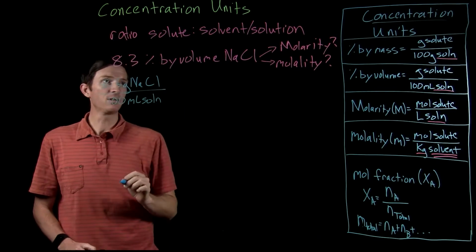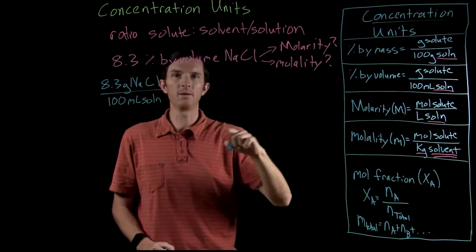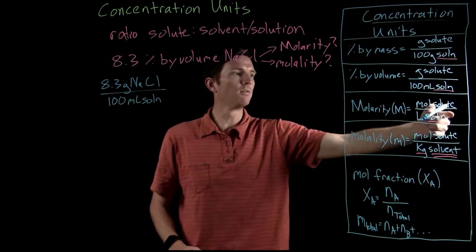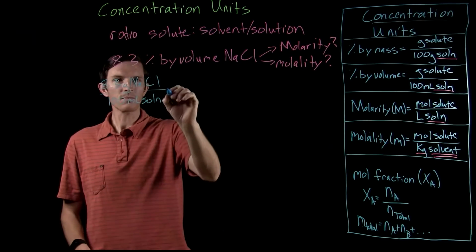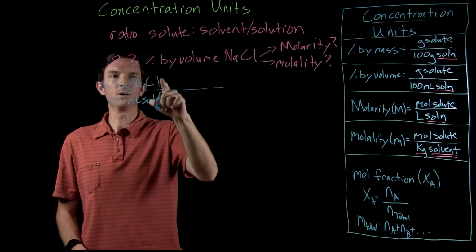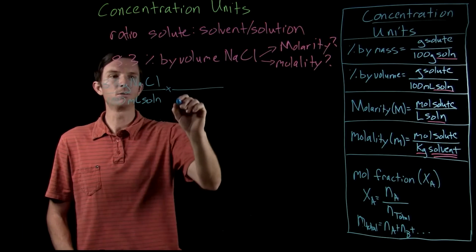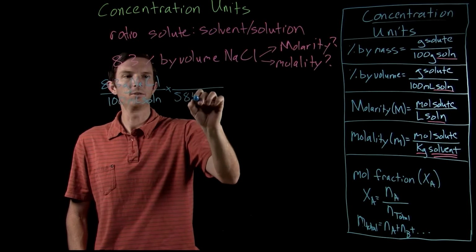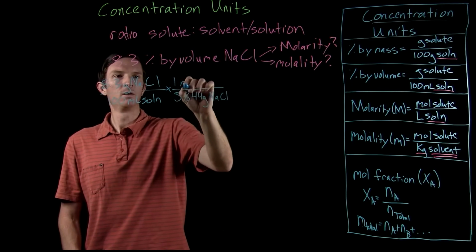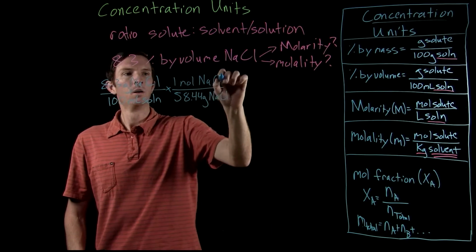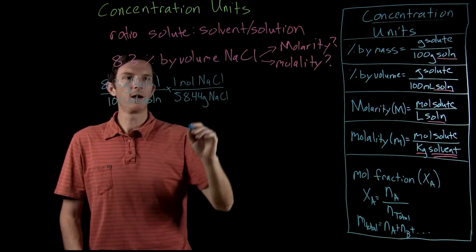We want to get this into units of molarity, so moles of solute, moles of sodium chloride, per liters of solution. First, we can convert our grams to moles using the molar mass, 58.44 grams of sodium chloride per mole of sodium chloride.